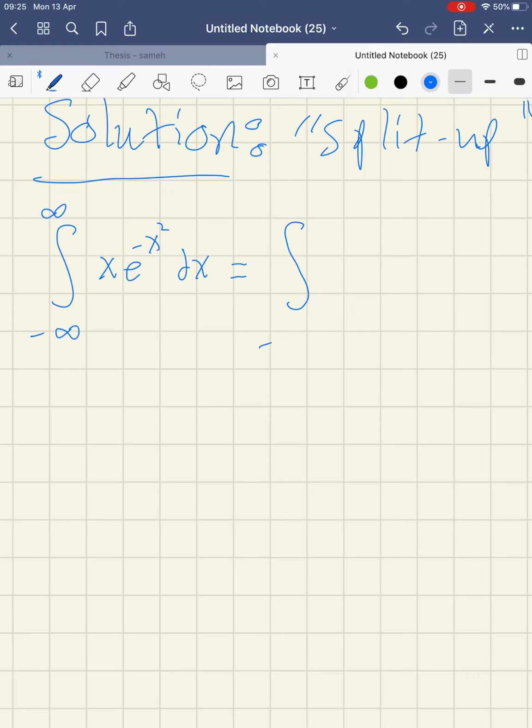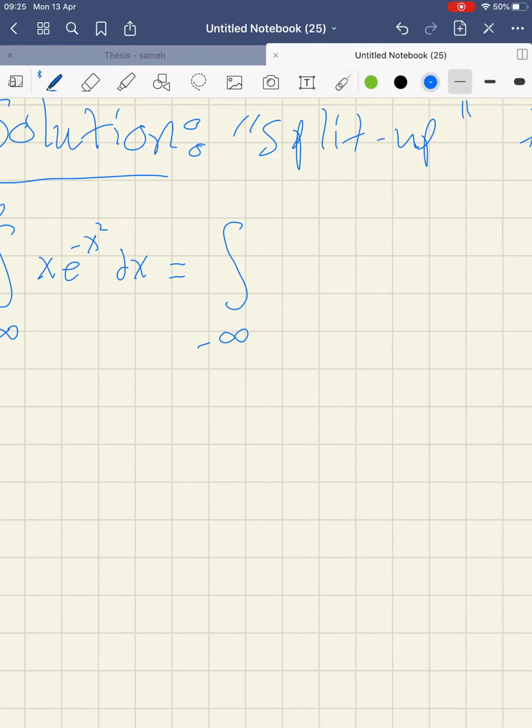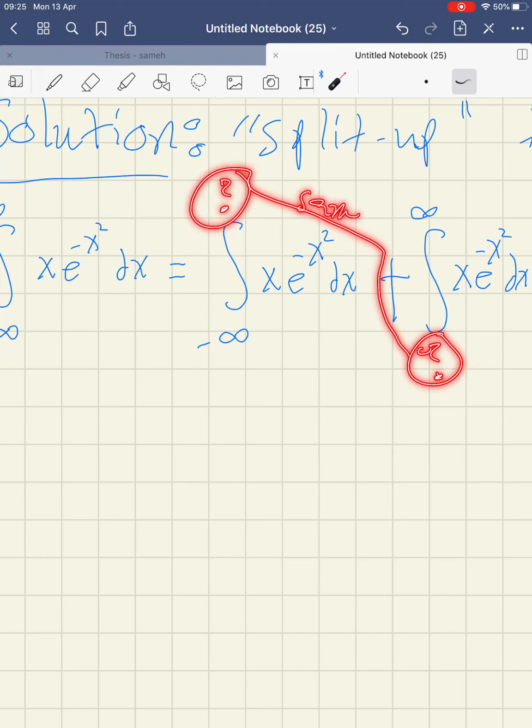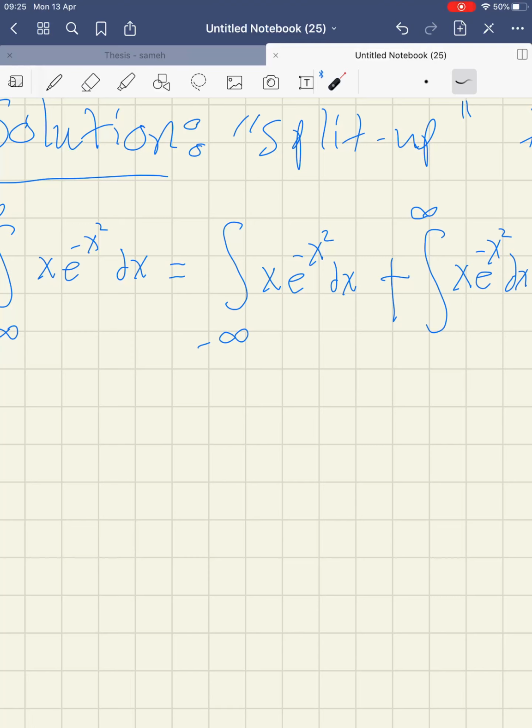What you will do, you will start from negative infinity, and then you will end up at infinity, and now here you can choose any number but keep them the same. This should be the same as this. So you have to choose any number between minus infinity and infinity where you will stop.